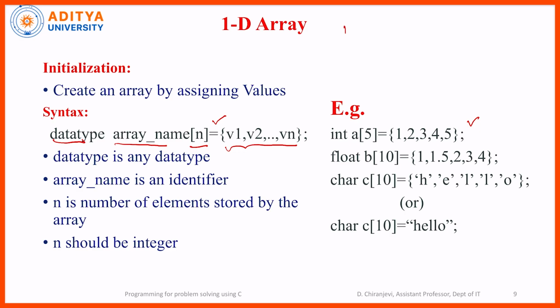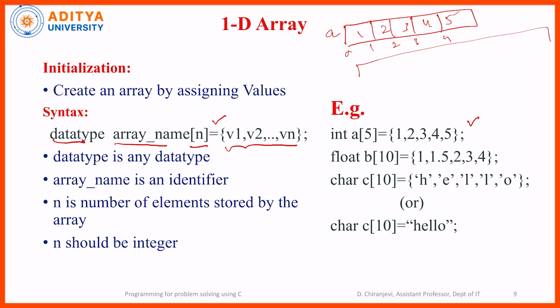So how will the elements be stored here? For array a, indexes 0 1 2 3 4, the elements are 1 2 3 4 5. Similarly for the float array, you specify 10, so it will store 10 elements, index 0 to 9.